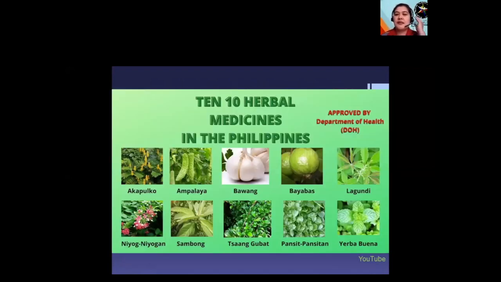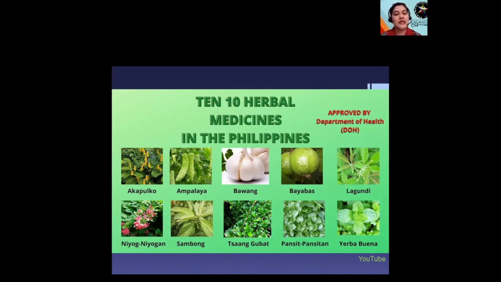So in the Philippines, we have the 10 herbal medicines that are approved and recommended by the Department of Health. Familiar po tayong lahat dito, hindi po ba? Yes, we all have this. Now, one thing that makes them really recommended by the Department of Health is that these plants have undergone several different studies already.